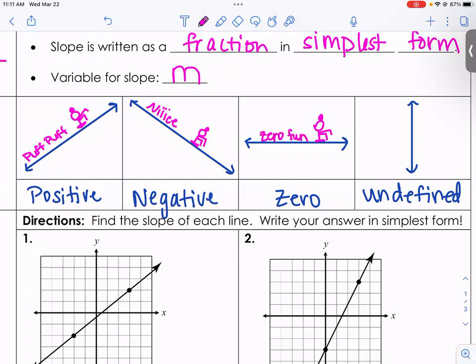I don't. 0 fun compared to skiing down a hill with nice negative slope. Brady, what's gonna happen if I try to ski on that very last one? I would be undefined, wouldn't I? You laugh now, it's gonna help you remember it later.